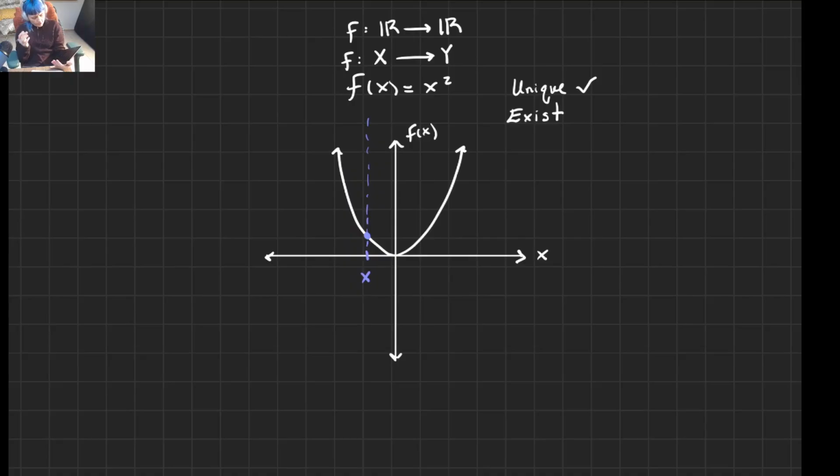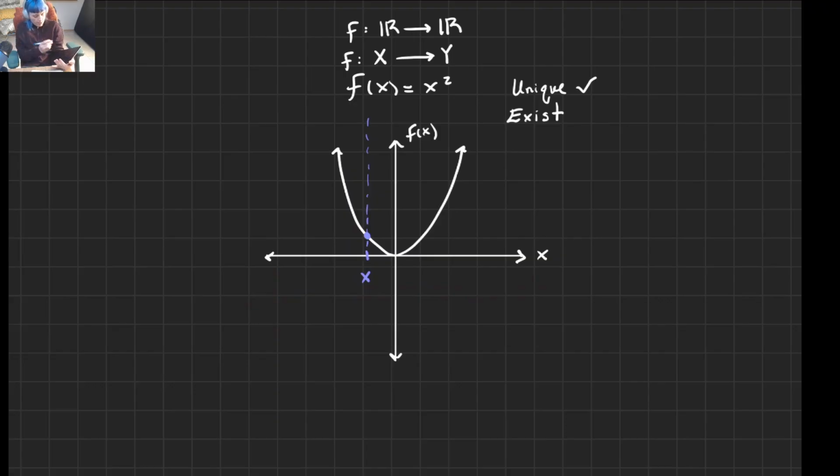So if it exists, then that means that there isn't going to be a value in the domain which doesn't have at least one corresponding value in the range. And we can see that for any real value along the domain, you are going to have a value.